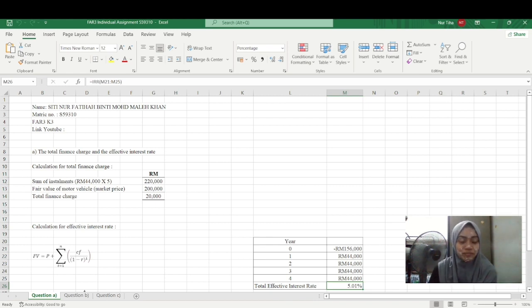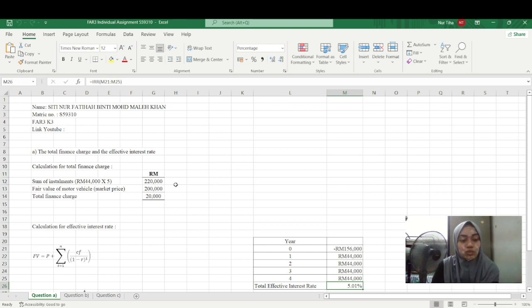Case 2. The first question is the total finance charge and the effective interest rate. To calculate the finance charge, the first is the sum of installment, which is 44,000. We multiply with 5, so we get the amount of 220,000.